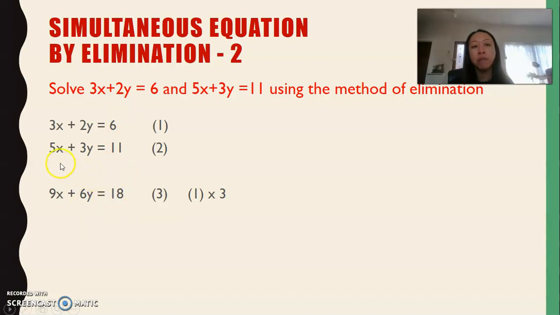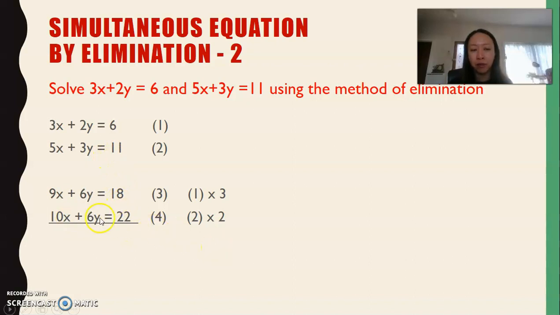So how do we make the second equation have the same y value as the first equation? We have to times every single term of the second equation by 2. So 5x times 2, we get 10x, 3y times 2, we get 6y, 11 times 2, we get 22.